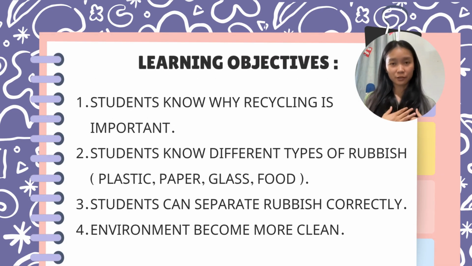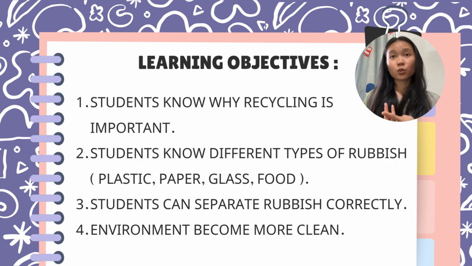Hello everyone, my name is Effie, and now I will talk about the objective of our activities. First, let me explain the objective of these activities. The main objective of our activities is for students to understand why recycling is important and how it helps to protect our environment.